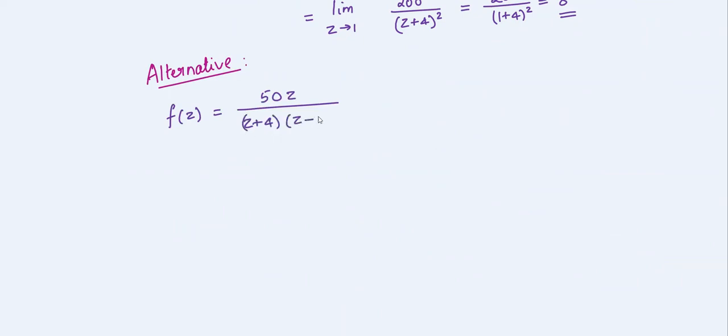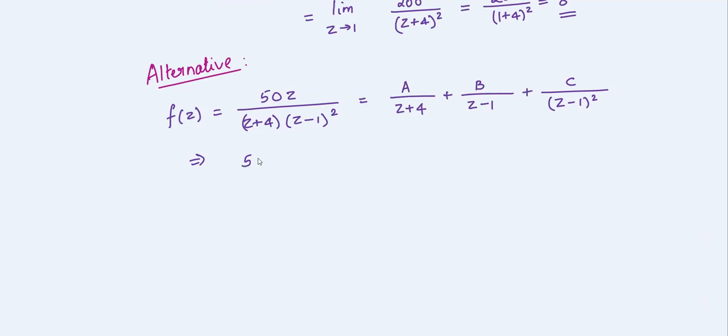It will be A by (z plus 4) plus B by (z minus 1) plus C by (z minus 1) the whole square.